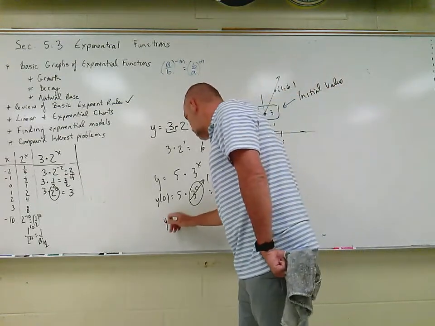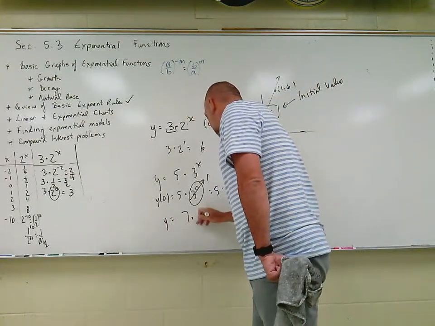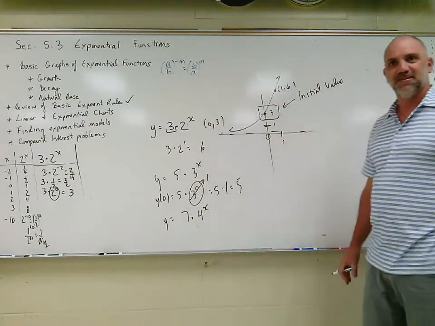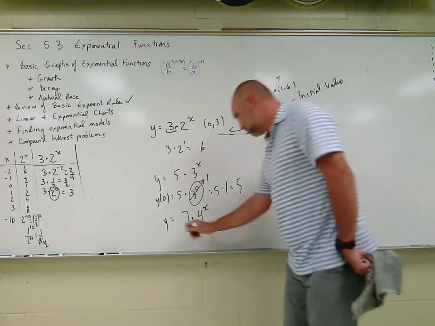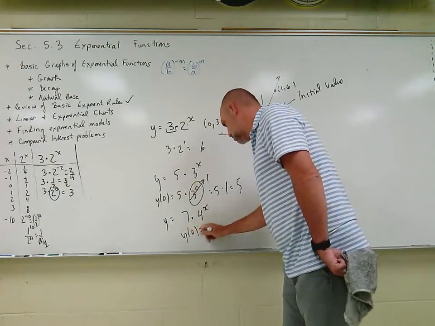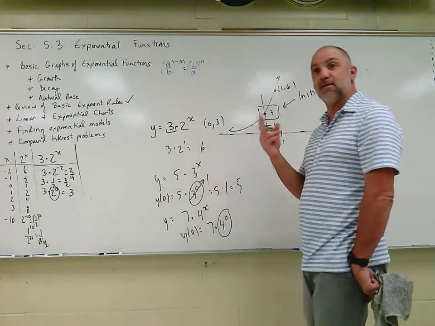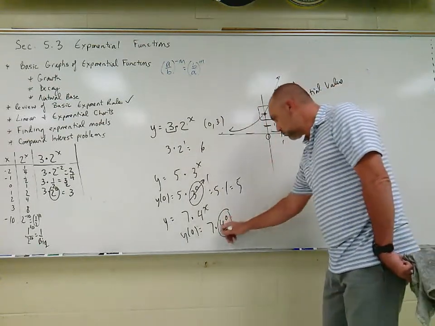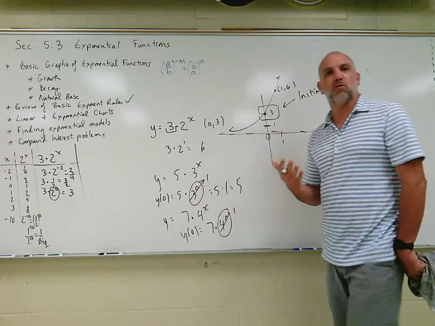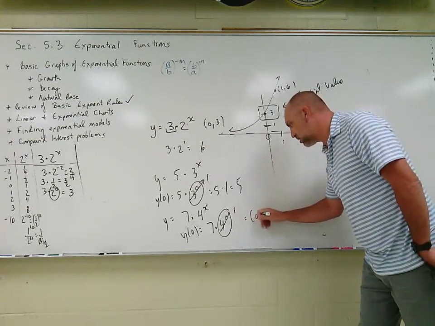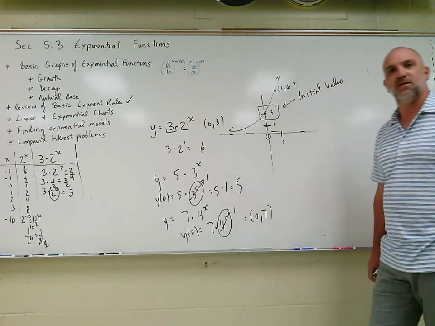All right, try another one. 7 times 4 to the x. What's the value when x is 0? There you go. Because when I plug in a 0, 7 times 4 to the 0, anything to the 0 power is 1. So what do you call that in terms of intercept? If you get (0, 7), what intercept is that?